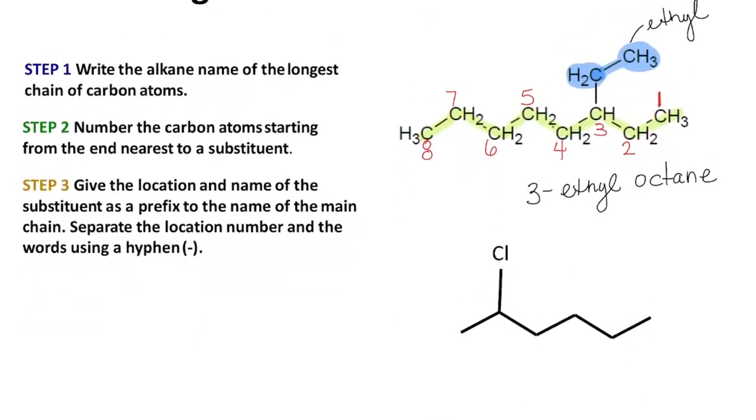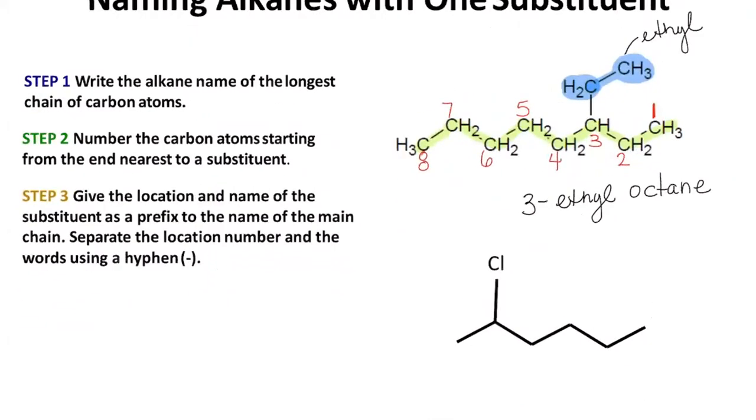Here I have a skeletal structure, okay? I'm going to find the longest carbon chain of atoms. There's a carbon right here, one right here, one right here, one right here, one right here, one right here. Remember, in a skeletal structure, my hydrogens and my carbons are not illustrated.